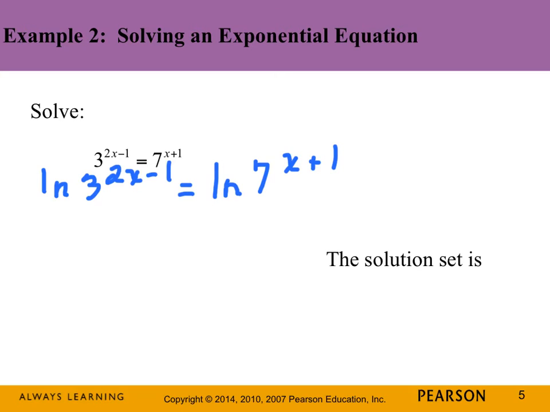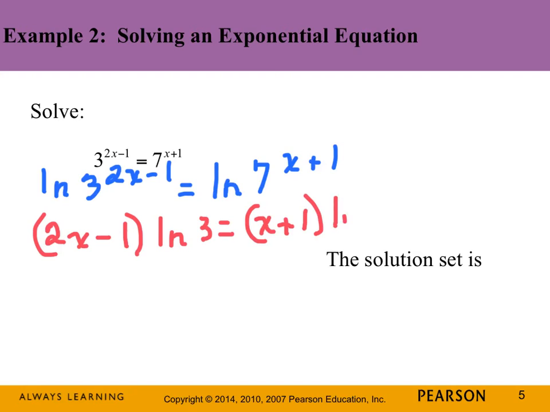This can be rewritten as 2x minus 1 times the natural log of 3 equals x plus 1 times the natural log of 7.